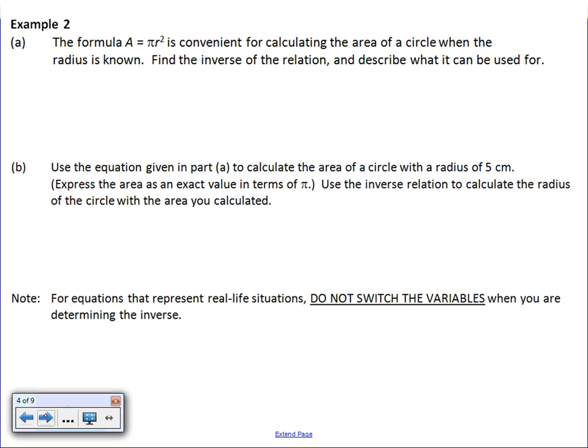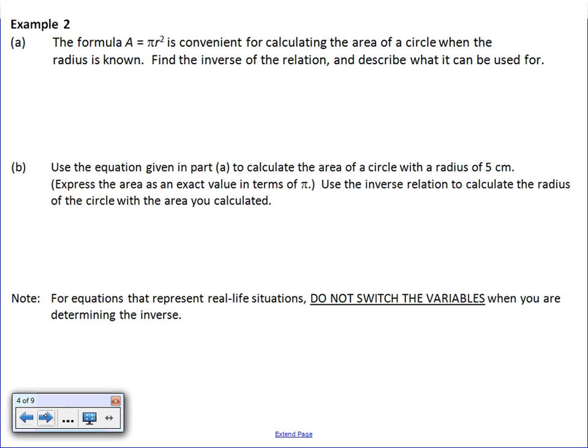So how do I do that? Well, when it's a real life situation like this and you want to find the inverse of that relationship, don't switch the variables if the variables have meaning. It's like a word problem, or a scenario where the variables actually have a meaning to them. X and Y are just kind of generic. We use them to graph anything, right?